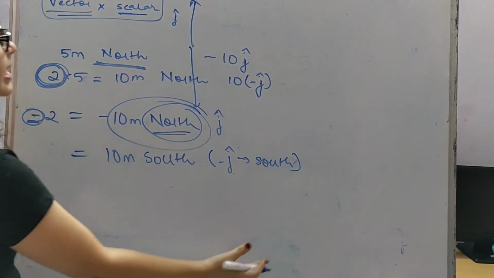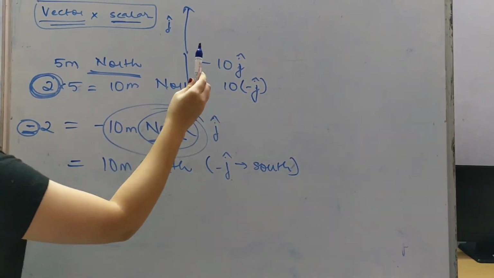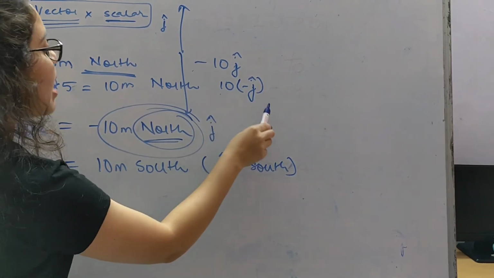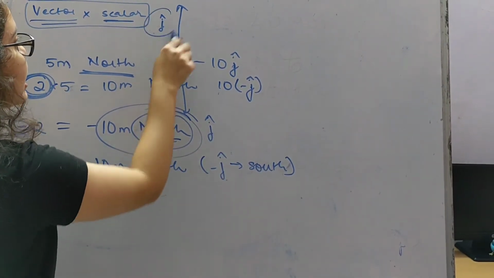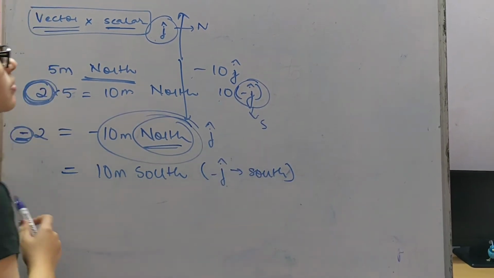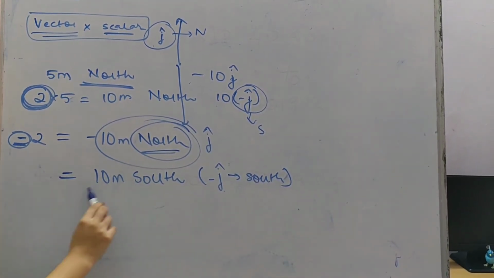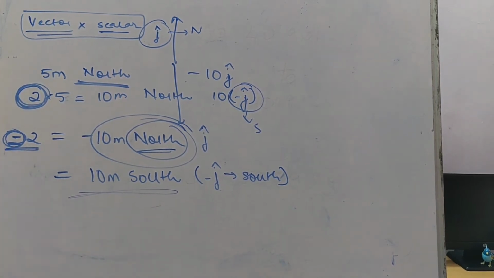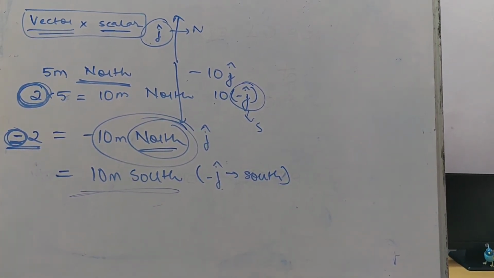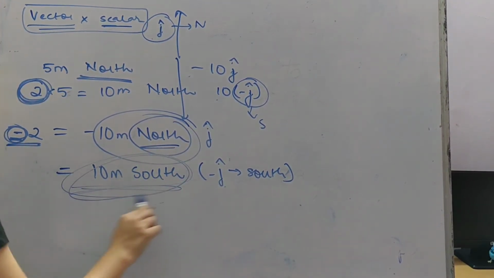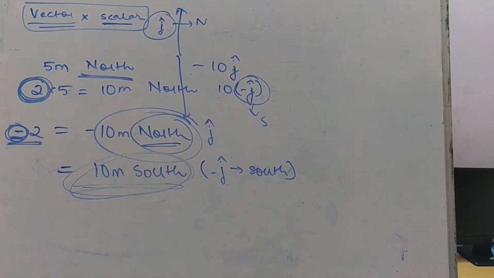I hope this point is clear. Let me repeat it again. Minus 10 j cap can be written as 10 into minus j cap. If j cap is north, then minus j cap will be south. So if the sign of the scalar changes, then the direction of the vector will also change.